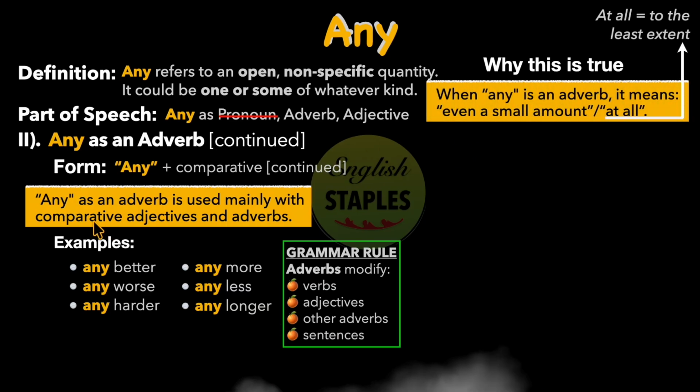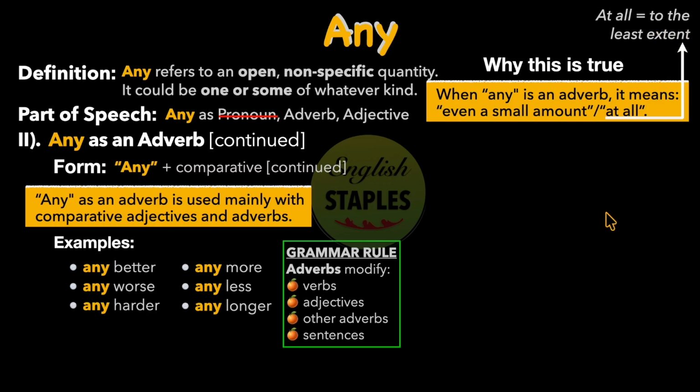Why is this true? We said earlier, any as an adverb is used mainly with comparative adjectives and comparative adverbs. Well, when any is an adverb, it means even a small amount, or even a little, or at all, which means to the least extent.